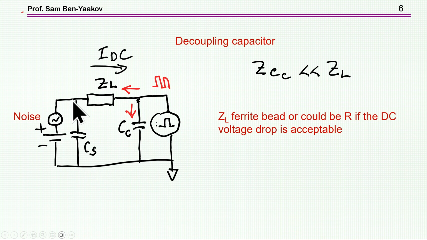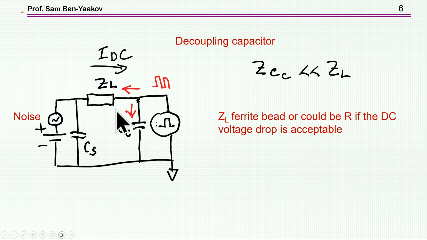If you have a noise here, and if you just put a capacitor here with no impedance, then still you'll have this noise coming in into here. Part of it will go into the capacitor, but still you'll get some of it across the line here. So in order to improve the attenuation, you do need an impedance. So an impedance is really key in the decoupling concept.